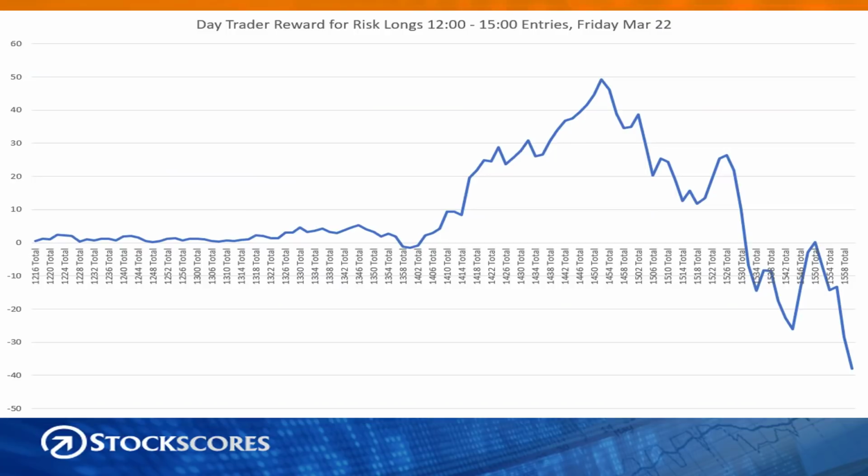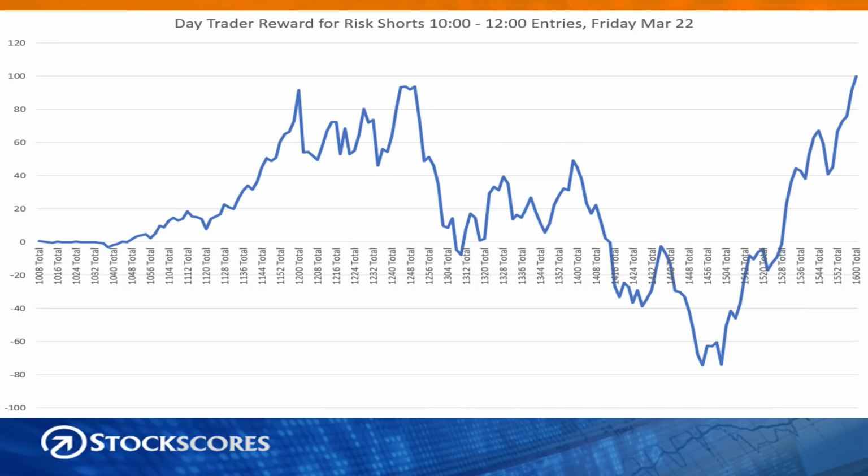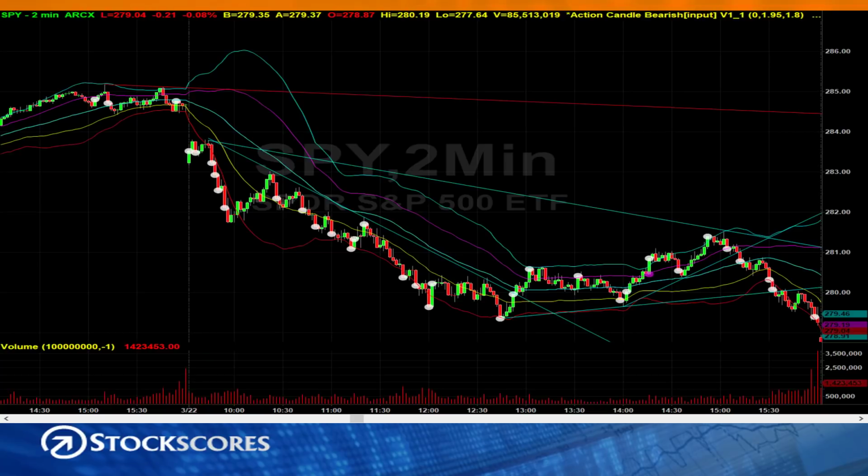Let's take a look at the shorts that were entered between 10 and 12. Between 10 and 12, the total profitability of all those shorts did quite nicely until about 1 o'clock. And then at 1 o'clock, it just plummeted. Well, what happened at 1 o'clock? That's when the market started to go up, which means the shorts were going to have a tough time.